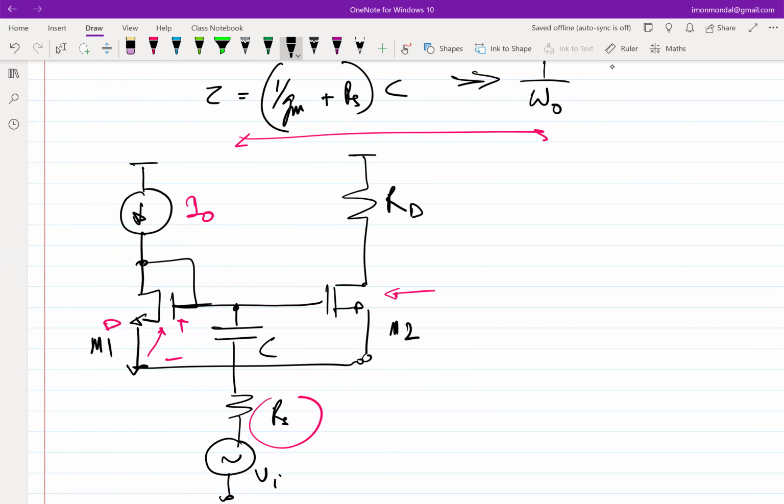So if you want a very large value of capacitance, essentially you end up using a lot of area on an IC, and it's super expensive. Whenever you are designing, one of the major goals is to ensure that you don't take up a lot of real estate on an integrated circuit. So even though a large value of capacitance is a solution, it will be a very costly solution, right?